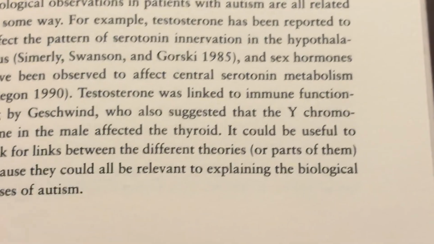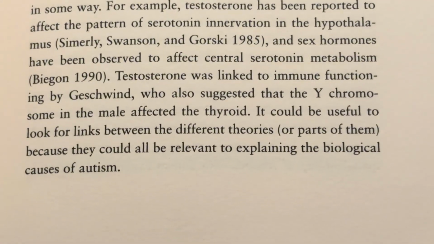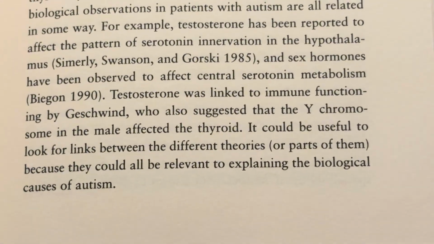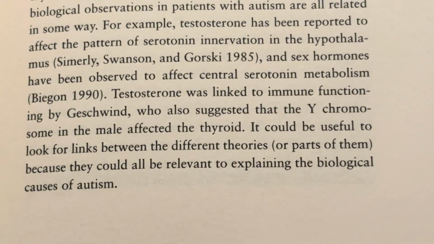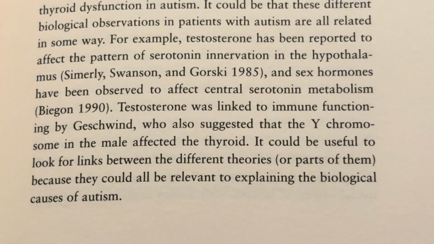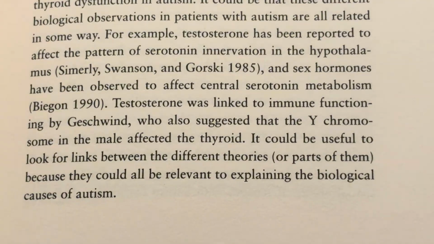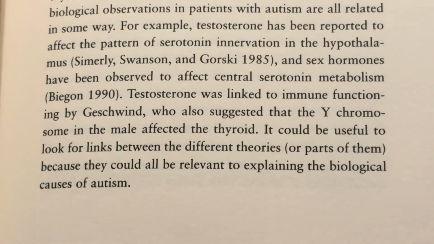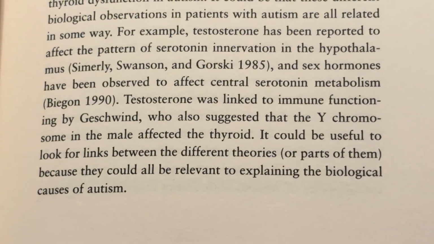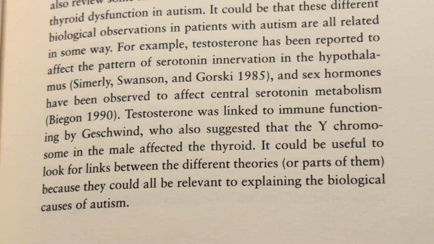Testosterone was linked to immune functioning by Geschwind, who also suggested that the Y chromosome in the male affected the thyroid. It could be useful to look for links between the different theories, or parts of them, because they could all be relevant to explaining the biological causes of autism.